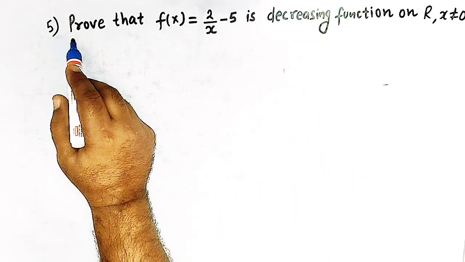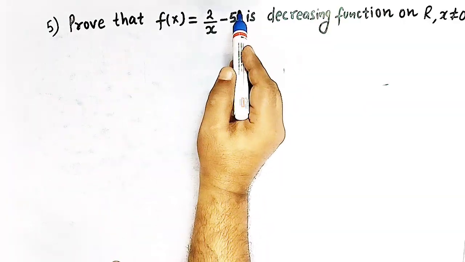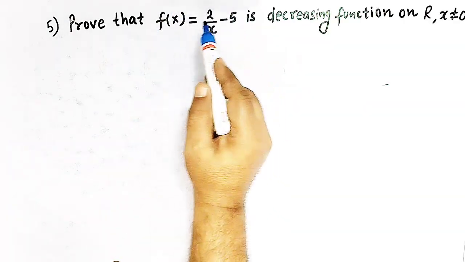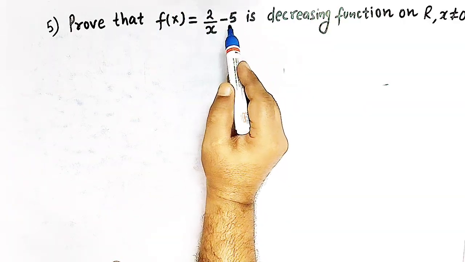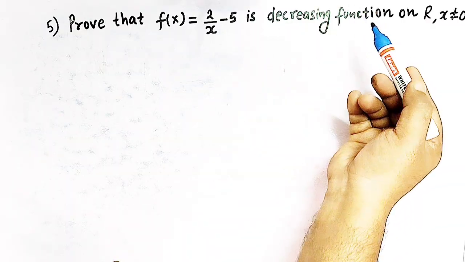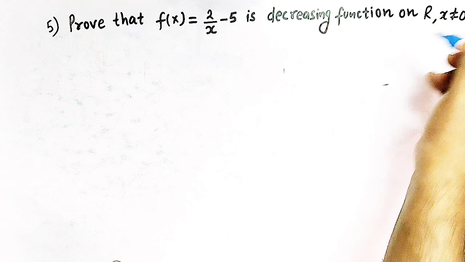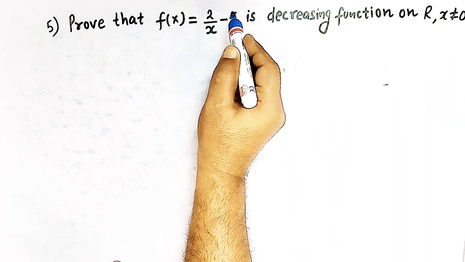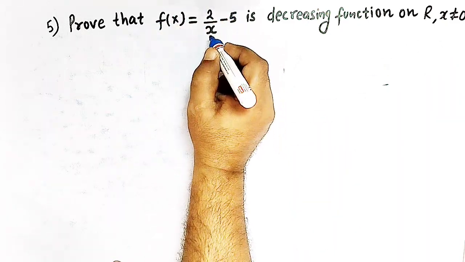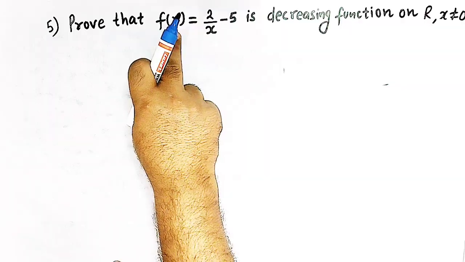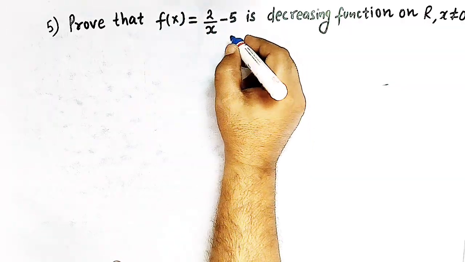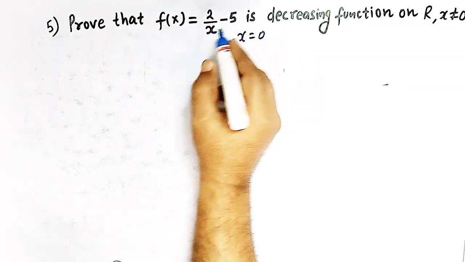So now consider this problem where we have to prove that this function f of x, which is equal to 2 over x minus 5, is a decreasing function on the set of real numbers where x is not equal to 0. So now if we look at this function, we can easily see that this function is not defined for x equal to 0.